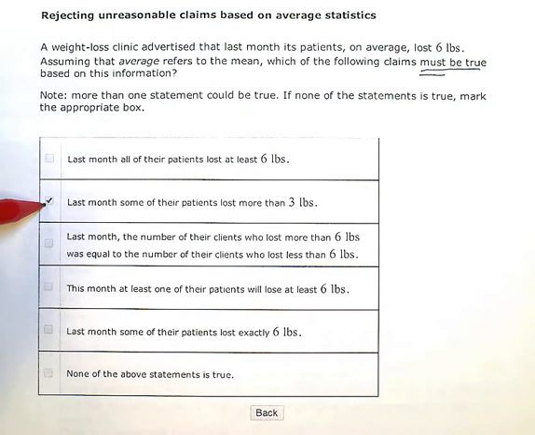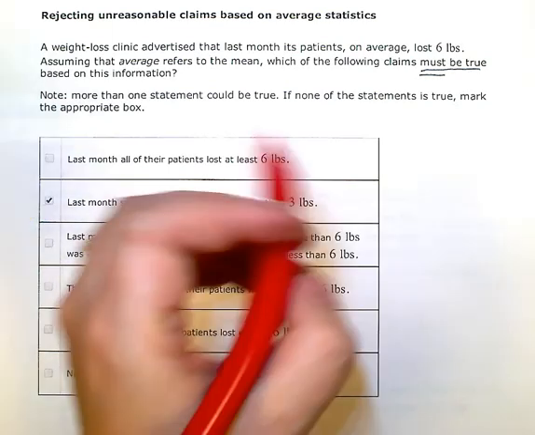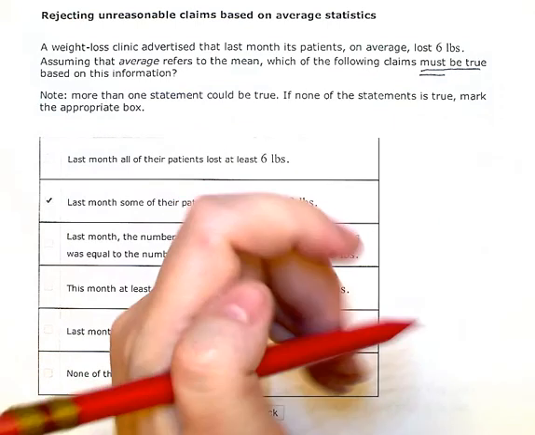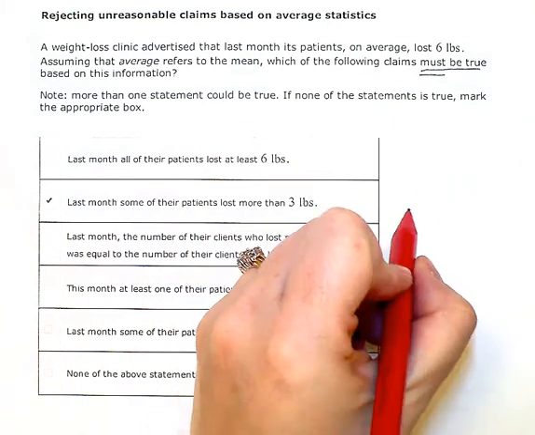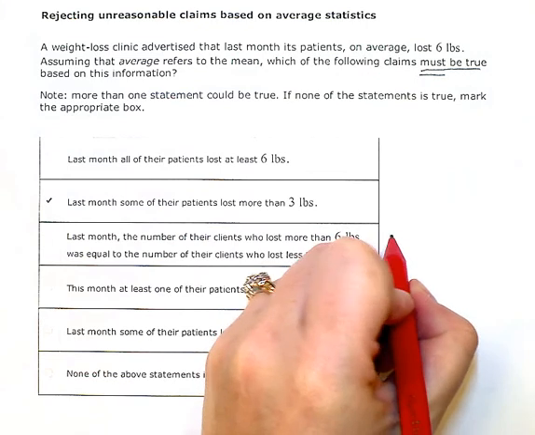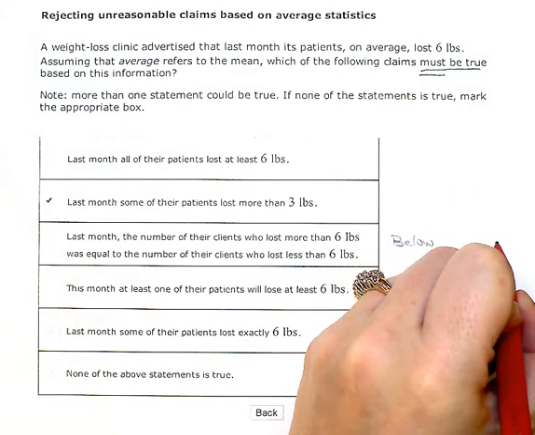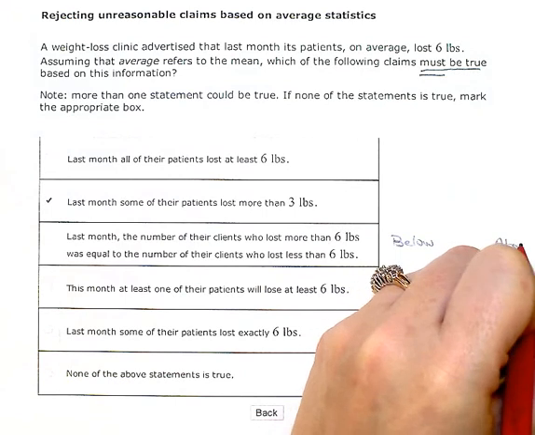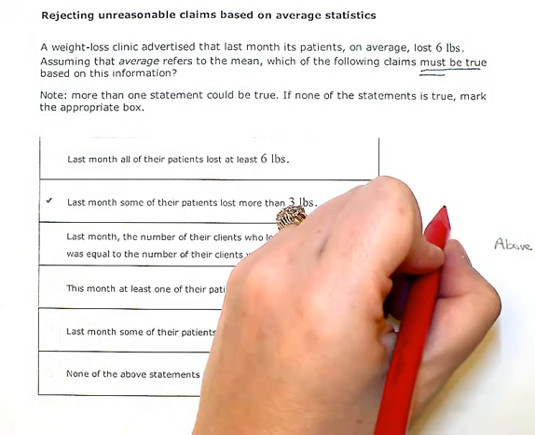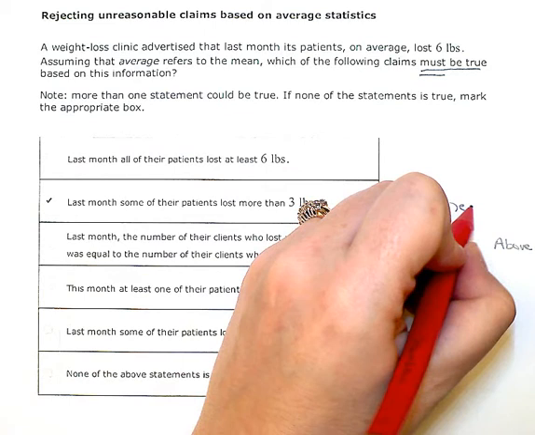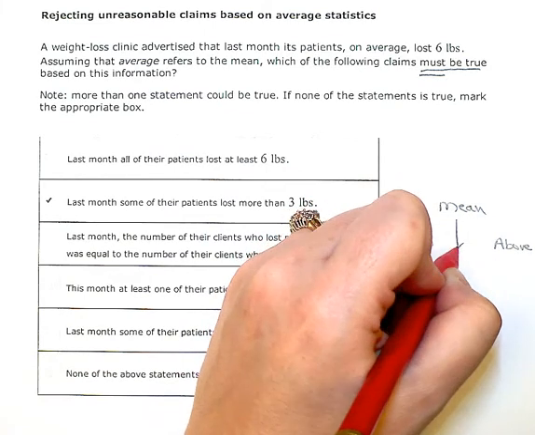Now remember, when we're talking about the average, we have to have some data that's below, and some data that's above or high, and the average or the mean is a measure of center.